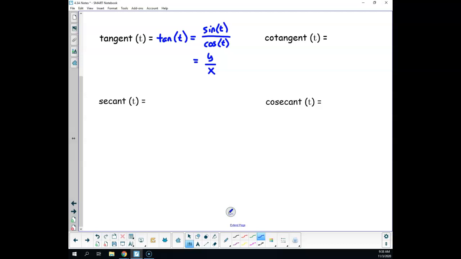So cotangent, or COT, of t is 1 over the tangent of t. That would be cosine of t divided by sine of t, or just x over y. So we take the x value of any point on the circle divided by the y value of that point, and that gives us the cotangent.